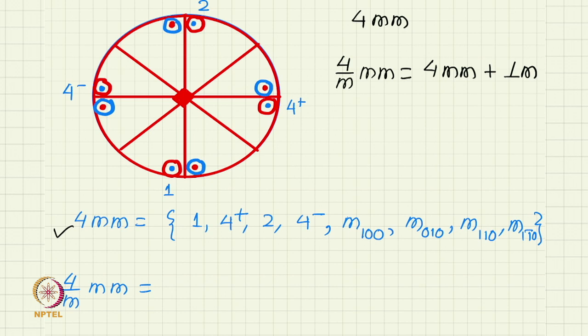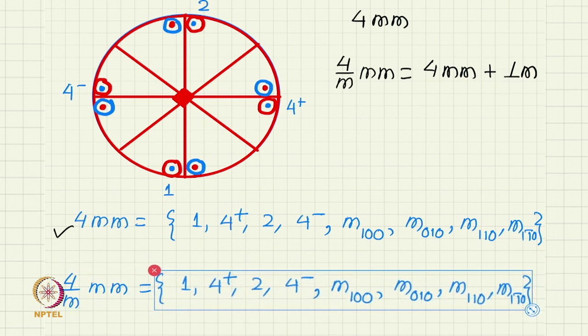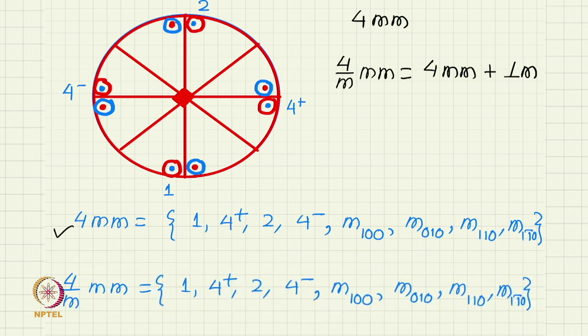Can we write that? I think we have now had enough practice of doing this, so we can do that with this also. So of course the 8 operations of 4 mm automatically become part of 4 by mm. So I just do a cut and paste and take all these 8 operations.